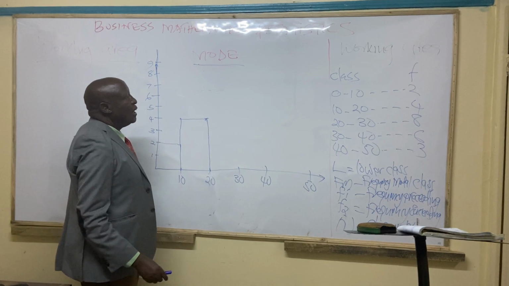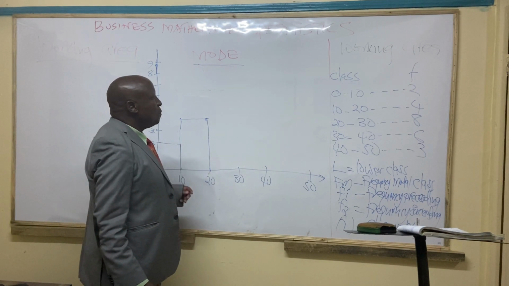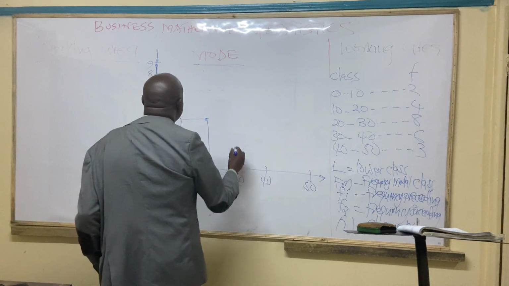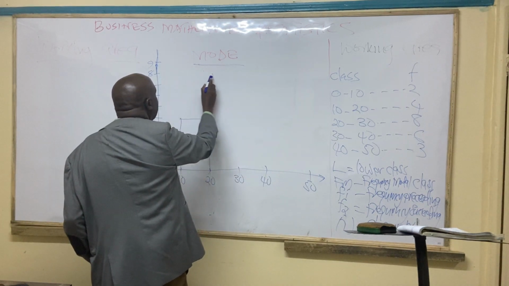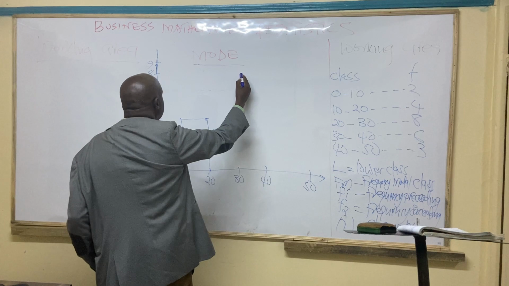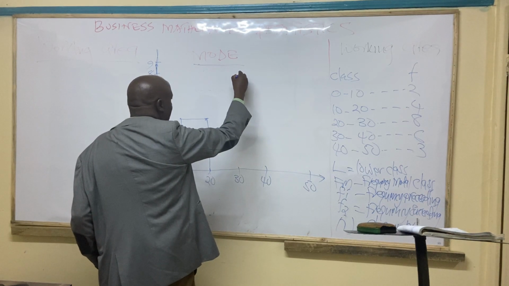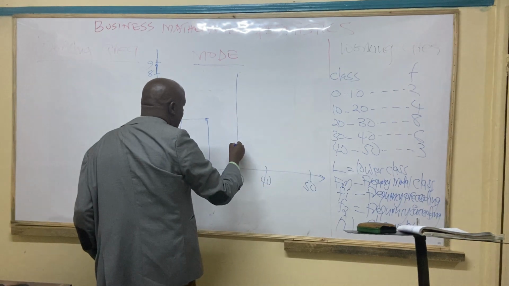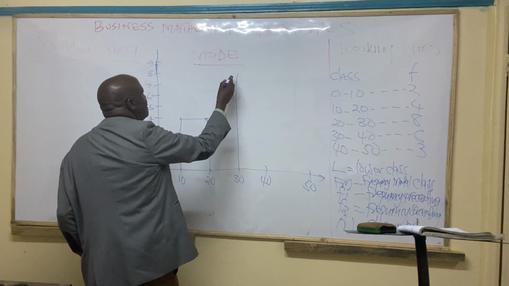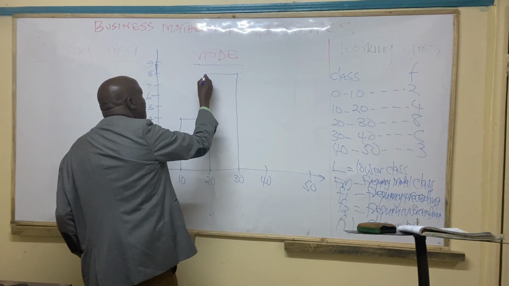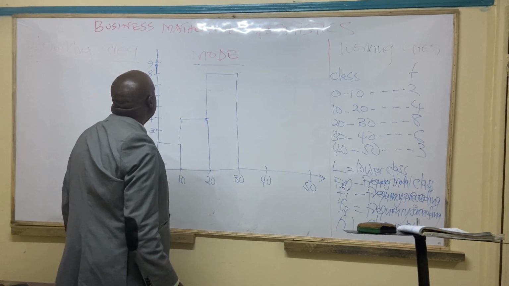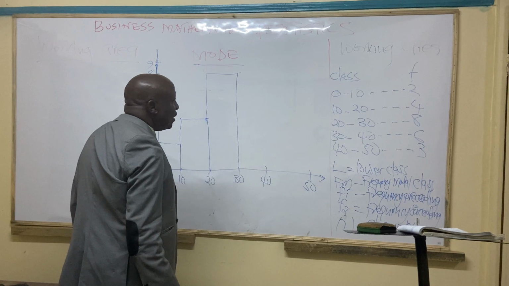Yeah, this will be 24, and then 38. 8 is here. We come and measure it here, then we come down, write 8, then we move here. That's the 8.